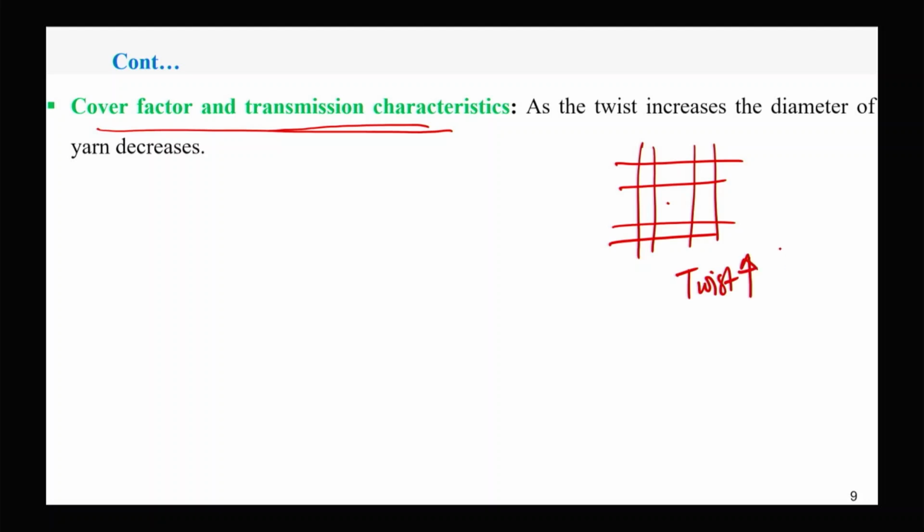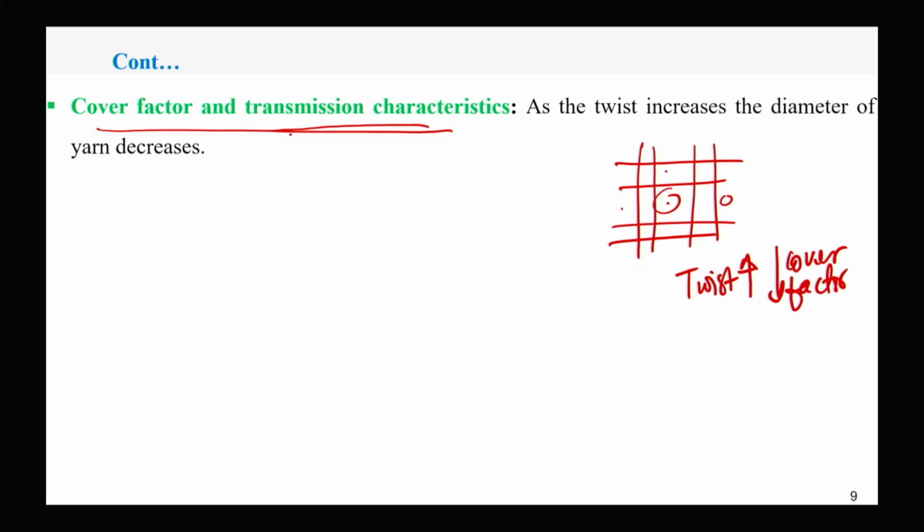If the twist increases, cover factor will reduce because of the diameter. Cover factor depends on the diameter of the yarn. As the twist increases, diameter reduces, so cover factor reduces, so that openings will be there and air will pass.